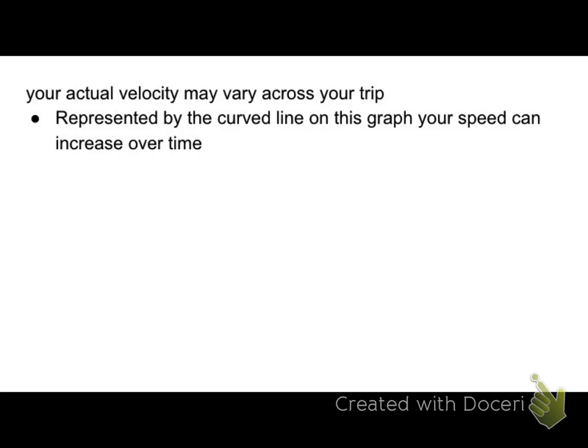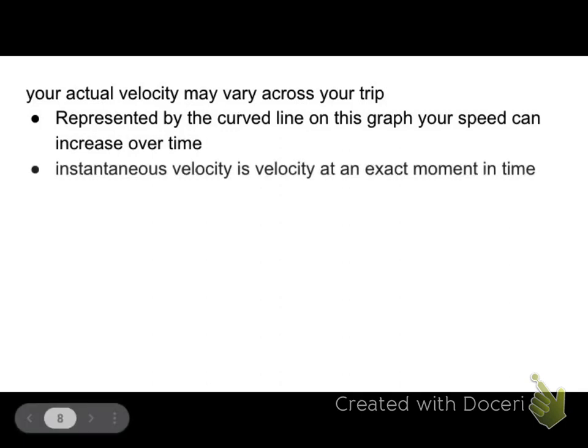So that curved line is increased speed over time, and your instantaneous velocity is your velocity at an exact moment in time, which normally we don't measure. Like your speedometer shows you your instantaneous velocity, right? It tells you exactly how fast you're going right now, and if you change, the speedometer changes with you.